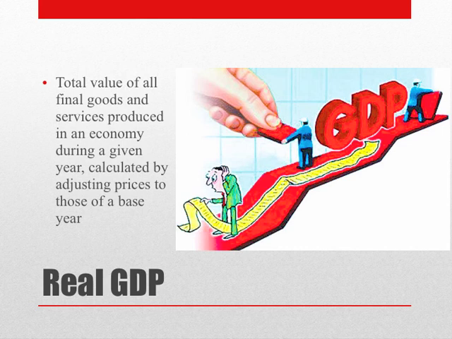On the other hand, we are sometimes going to do real GDP calculations. Real GDP is the total value of all final goods and services produced in the economy during a given year, same exact definition, calculated by, and here's the difference, and it is a major difference, very important for us in this unit, calculated by adjusting prices to those of a base year.